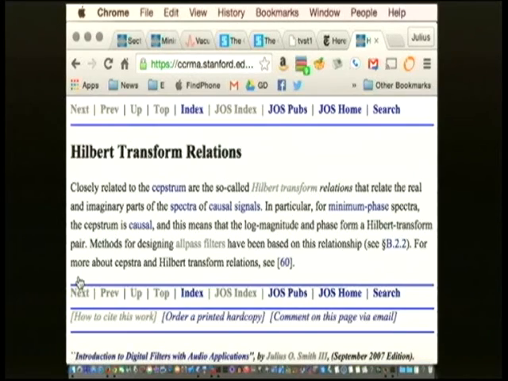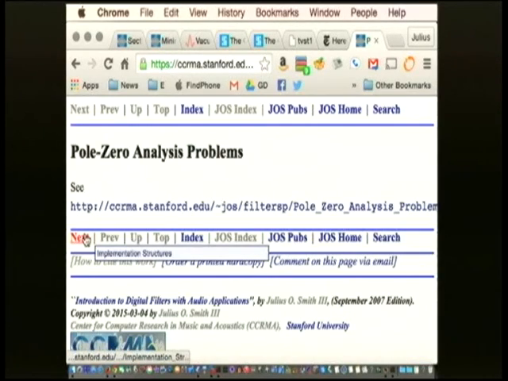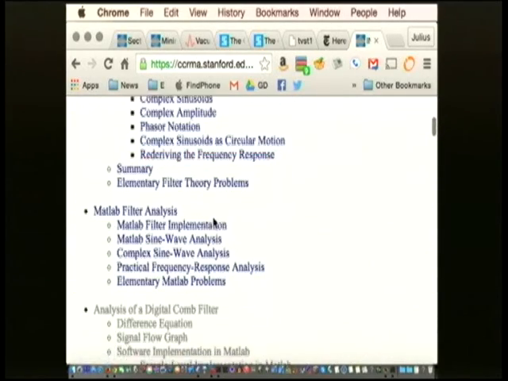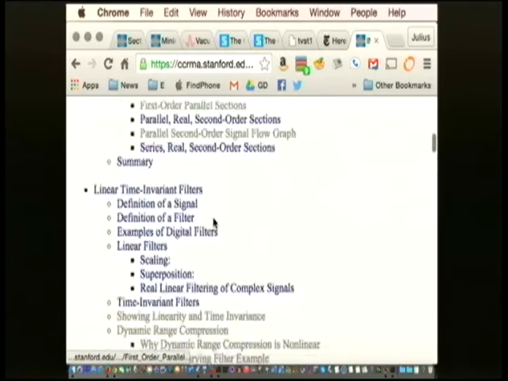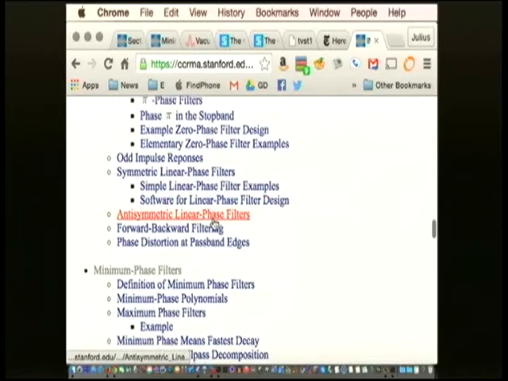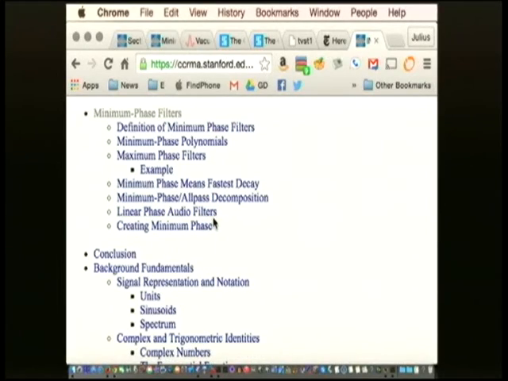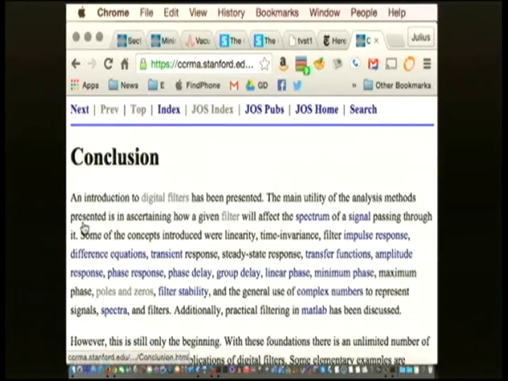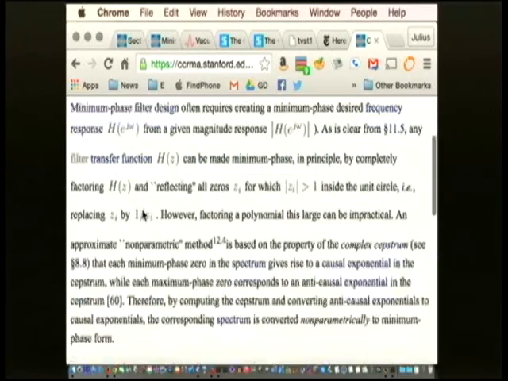So wait a minute. Where's? Oh yeah. It's in the chapter on minimum phase, isn't it? It's in this chapter. Am I not? Okay, I am. Minimum phase filters. It's probably creating minimum phase. Well, I'd kind of like to show you the math.